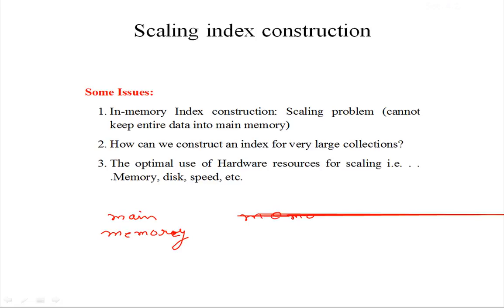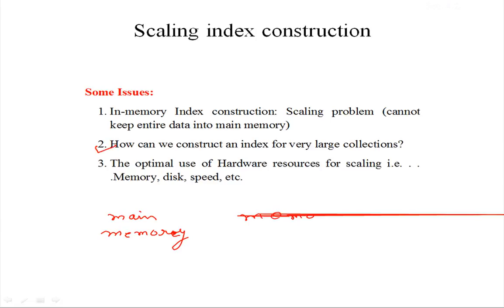The problem is that there is a huge gap in speed between main memory and disk. Access from main memory is very fast, while accessing the data from disk takes a huge access time with respect to main memory. So this is the main problem.